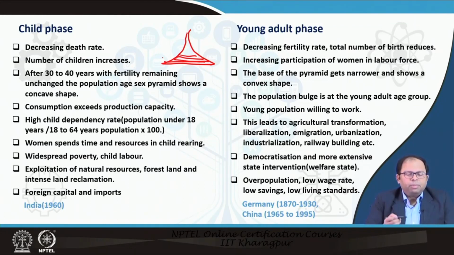And as the number of children is more, consumption exceeds the production capacity, because there are few people working, supporting the entire population. There is a high child dependency rate, population under 18 years divided by the 18 to 64 years population, and women spend most of the time in child bearing and child rearing, so they are mostly limited to household activities.